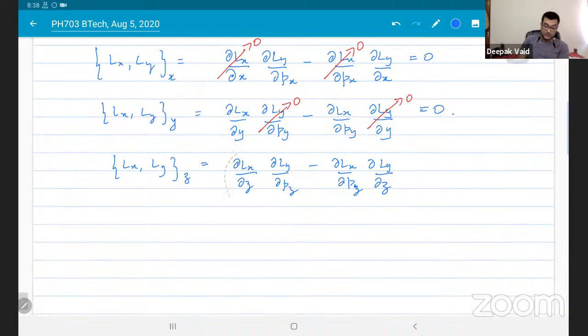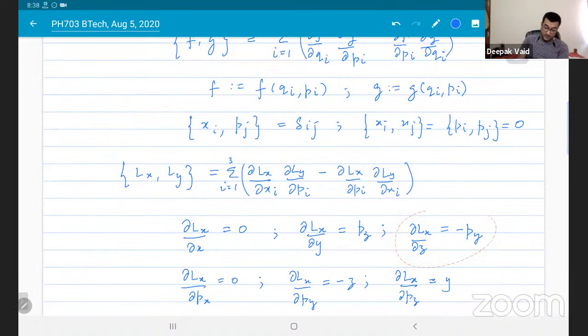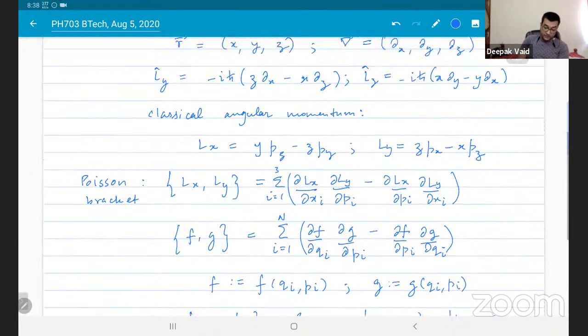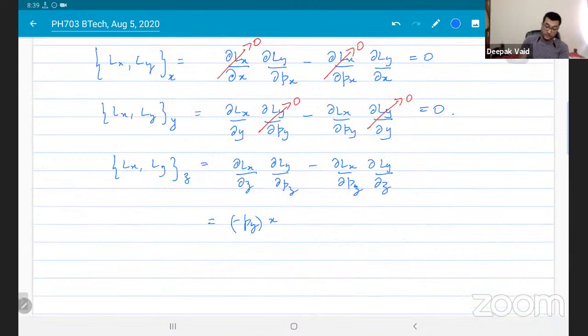So now what is dLx by dz? dLx by dz is equal to minus py, right? And similarly, dLy by dpz is going to be equal to minus x. Why? Because if you look at the definition of Ly is equal to zpx minus xpz, just by the cross product. So dLy by dpz will be minus x.